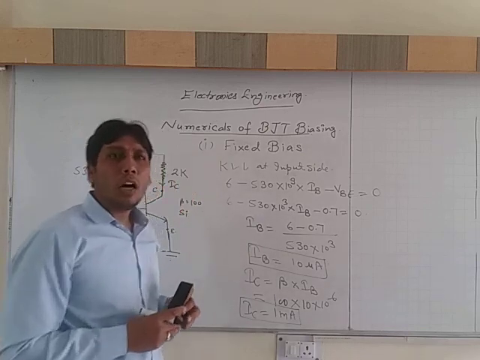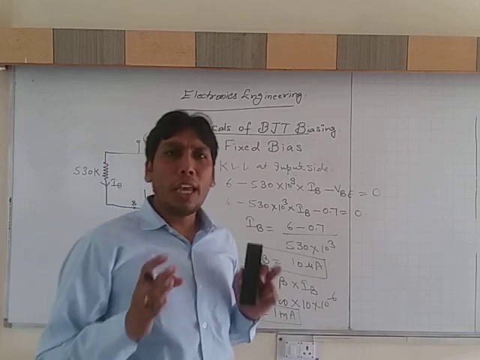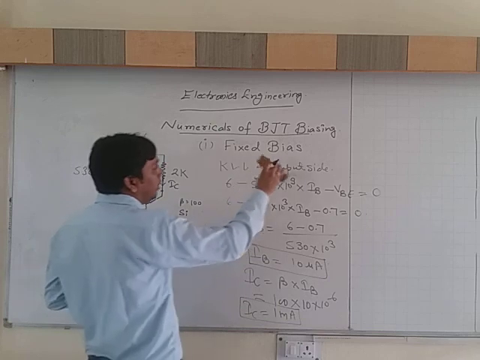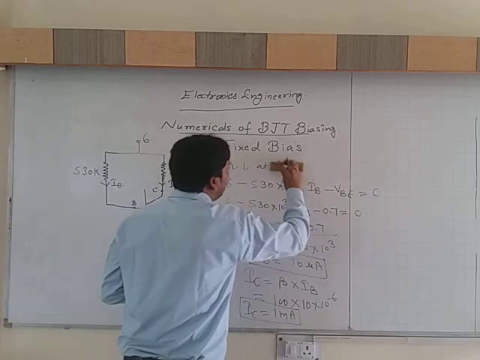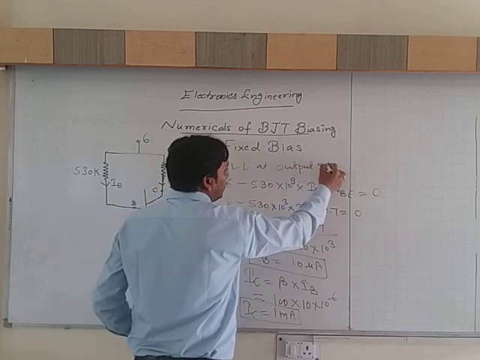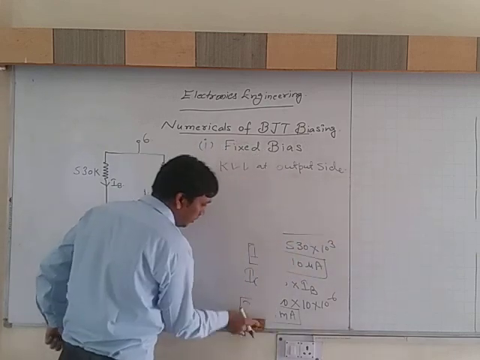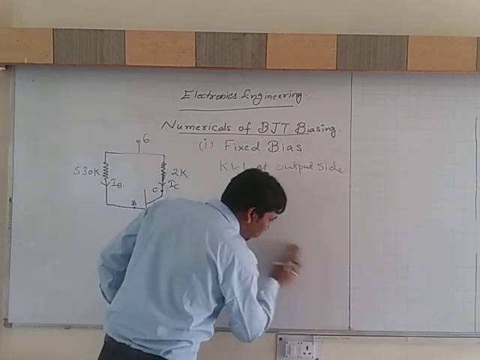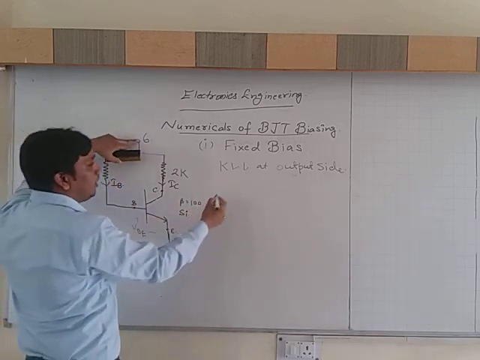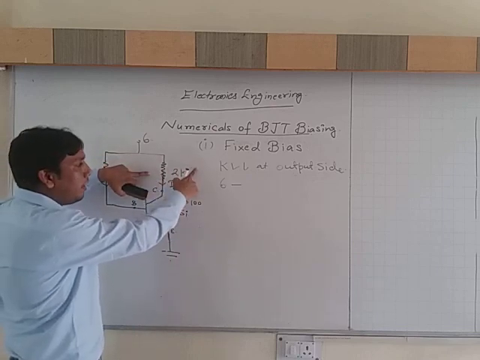Now to determine the voltage drop VCE, we again apply the KVL at output side. At the output side, we will start from this battery. We will get 6 minus the voltage drop across this resistor.